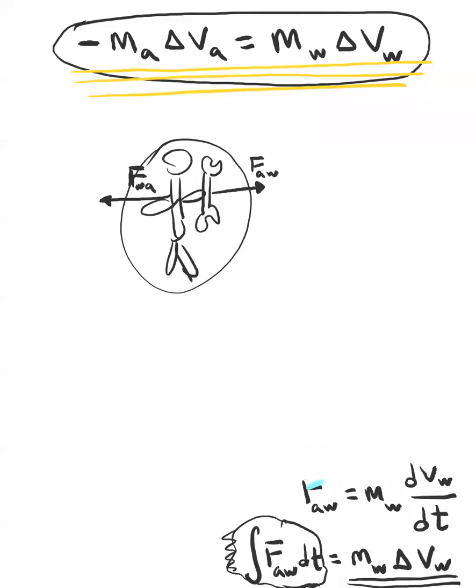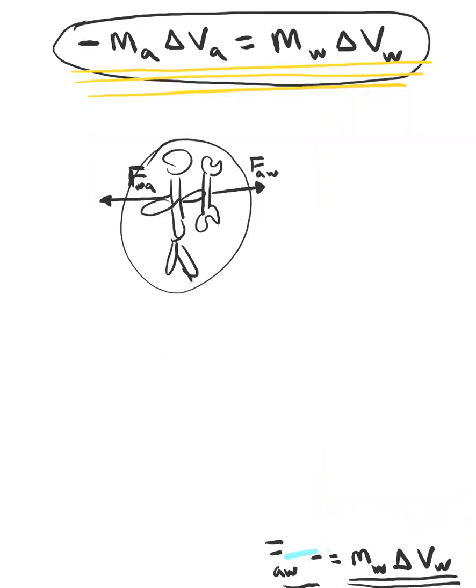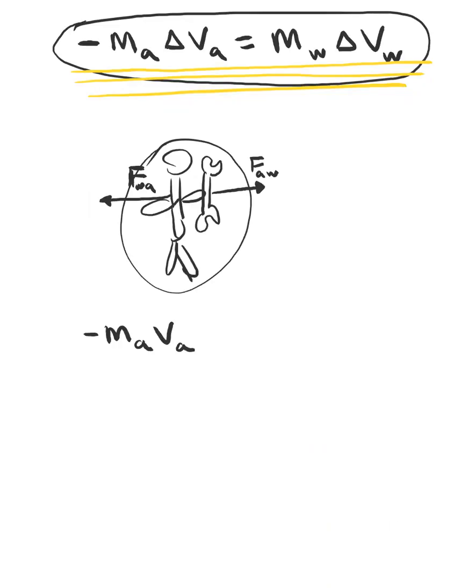My initial velocity was 0 for both the wrench and the astronaut. So your change in velocity is really your final velocity, right? Because in the beginning you had no velocity. So let me rewrite this as negative mass of the astronaut times astronaut's velocity is equal to mass of the wrench times the wrench's velocity.